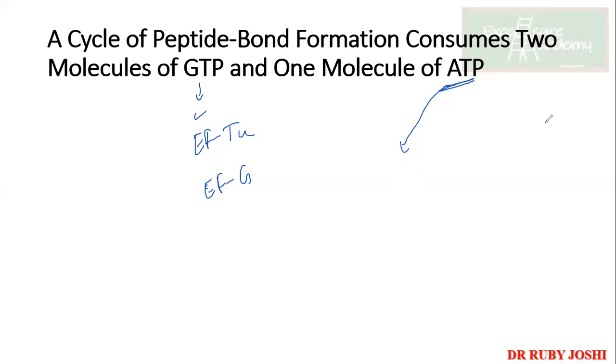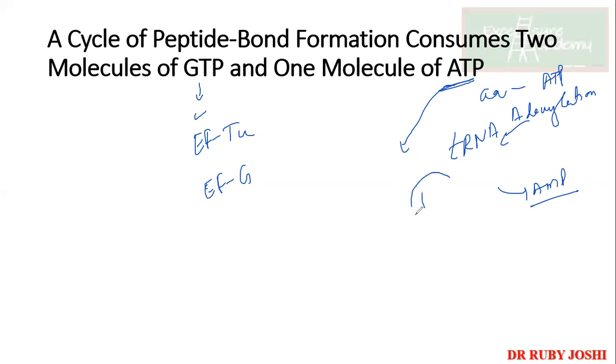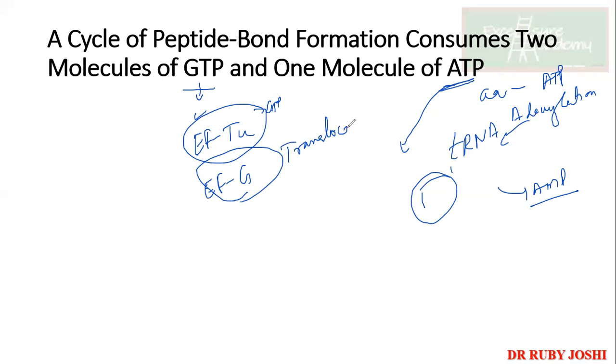Correct, correct, correct. So you are using one molecule of ATP to charge your tRNA. That is the first step, where the amino acid is there and ATP comes, and that step is known as adenylation. Later this is transferred to tRNA, removing the AMP group, correct? So here one ATP molecule is used, and as he said, 2 molecules of GTP. EF2 bound to GTP is coming, recruiting this charged tRNA, and then EFG helps in the translocation.